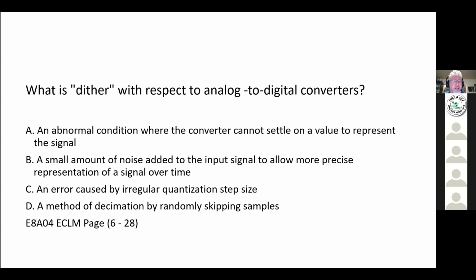Or C, an error caused by irregular quantization step size. D, a method of decimation by randomly skipping samples. Bravo is correct. A small amount of noise added to the input signal to allow more precise representation of signal over time.